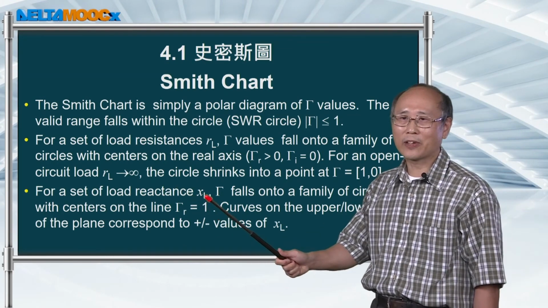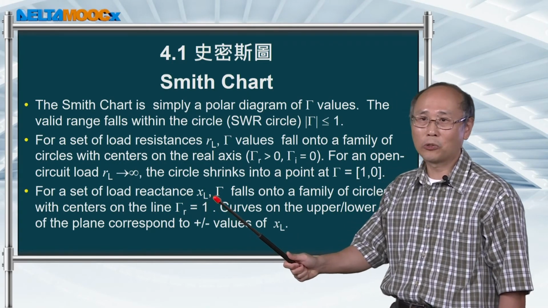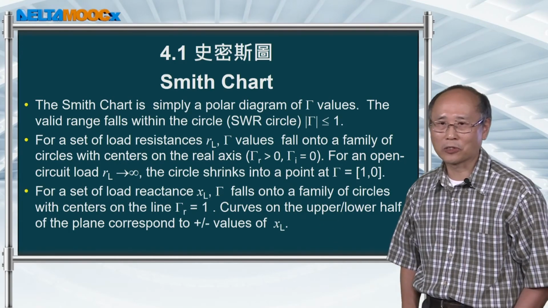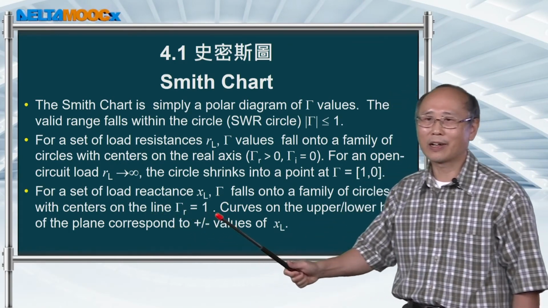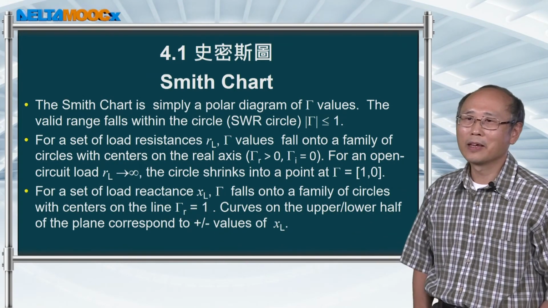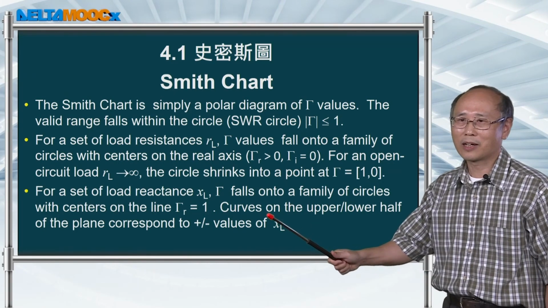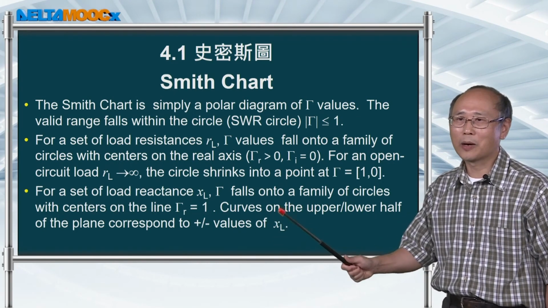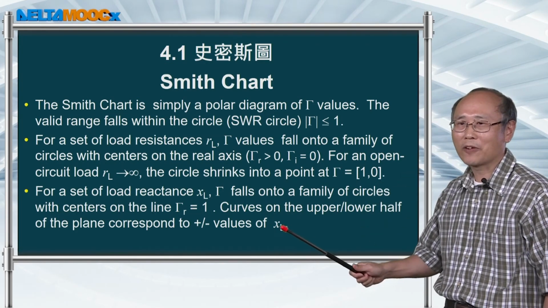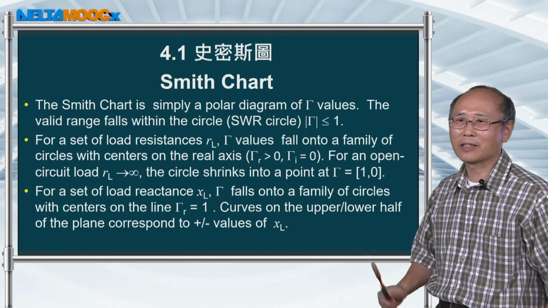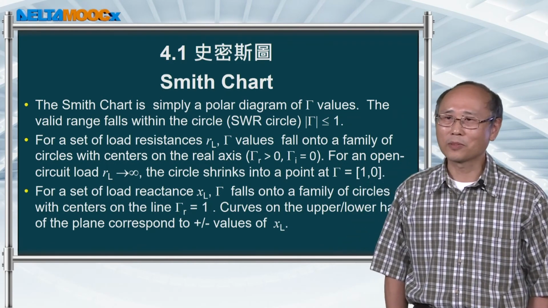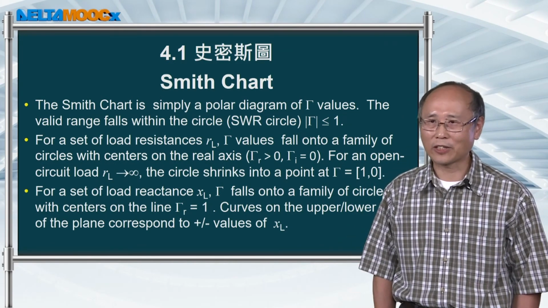And for a given normalized load reactance, gamma values also fall onto a family of circles with centers on the line where the real part of gamma equals 1, and the values of XL above the real axis will be positive, and the values of XL below the real axis are negative numbers. So this is the short review for the first section of this lecture.